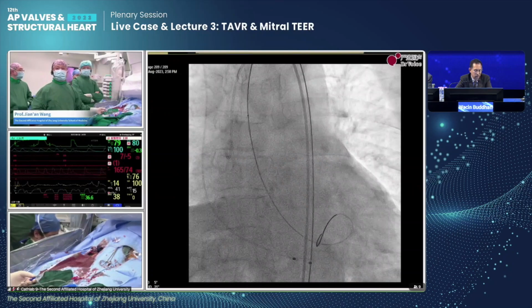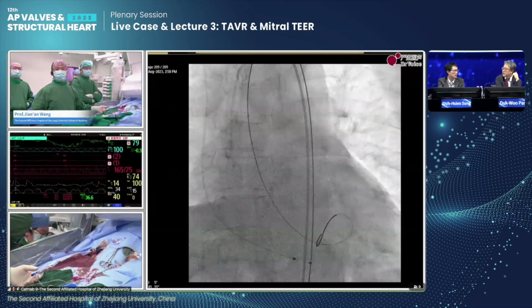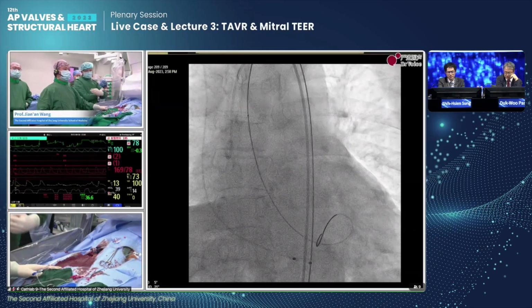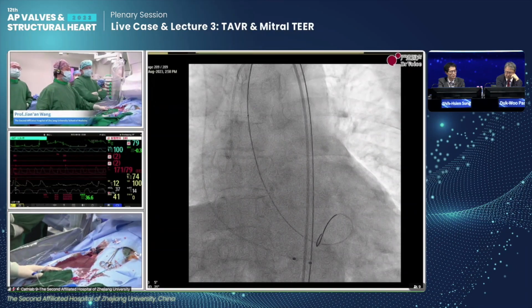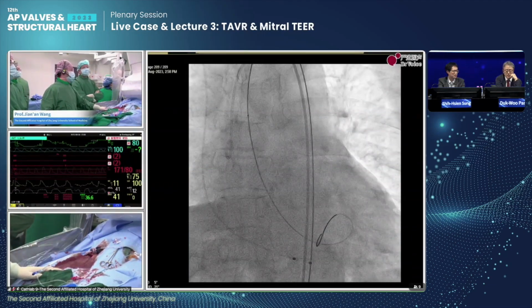It also depends on the device you choose. For the balloon-expandable, the size is a bit smaller, so maybe for balloon-expandable we don't really need to worry about the SOV. And the sizing strategy would also be very different, because the size we use in the series is larger by one size than the self-expandable.